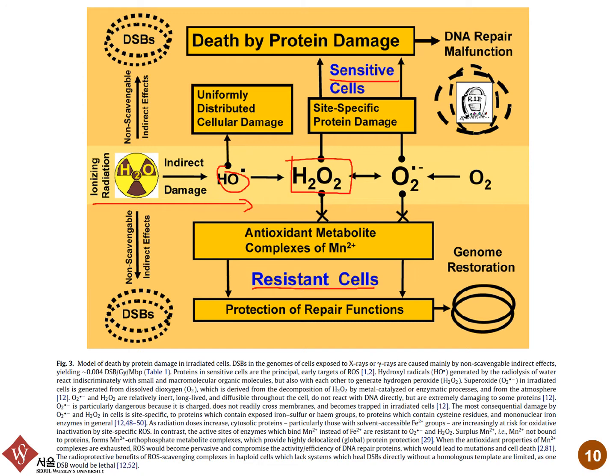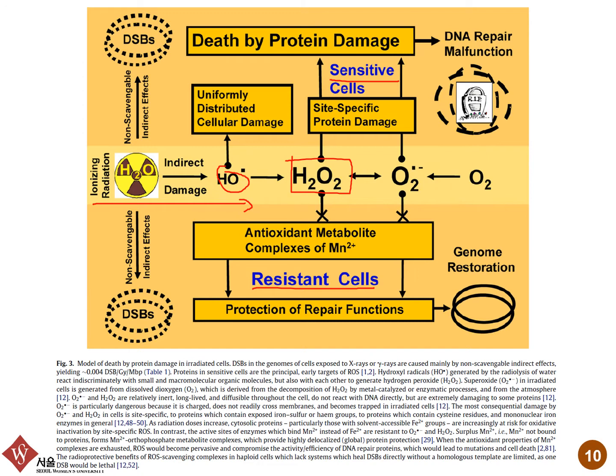But in the case of the resistant cells, the antioxidant metabolite complexes which contain Mn2+, the manganese Mn2+ complex, interact with the reactive oxygen species and reduce the damage to the cellular proteins.